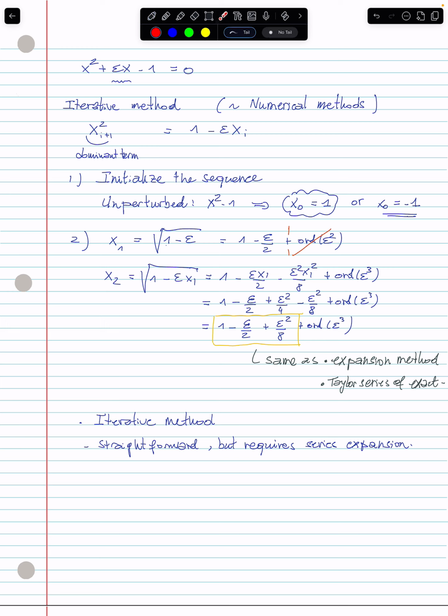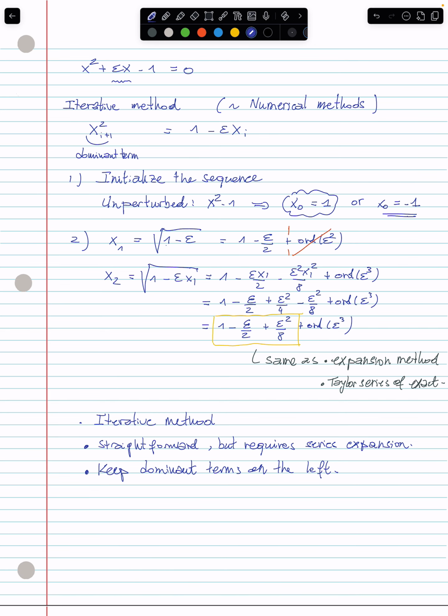In this case, this is a series expansion, all right? And maybe more advanced, this is another series expansion. How does it work? Keep dominant terms on the left.